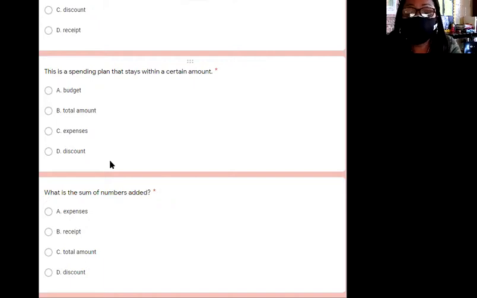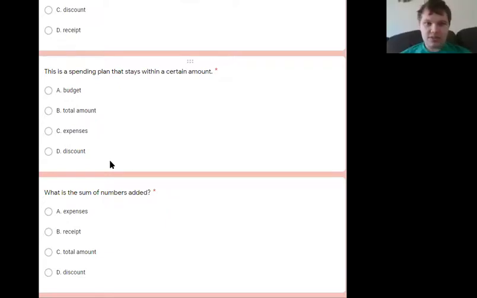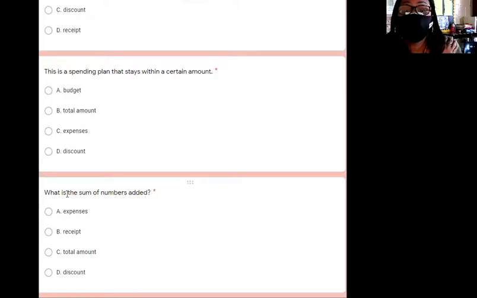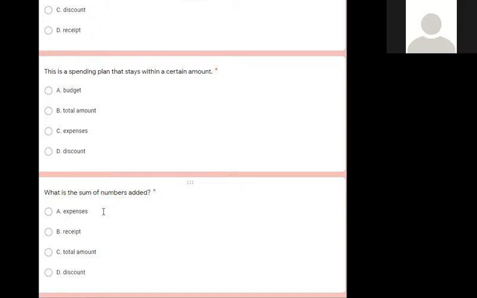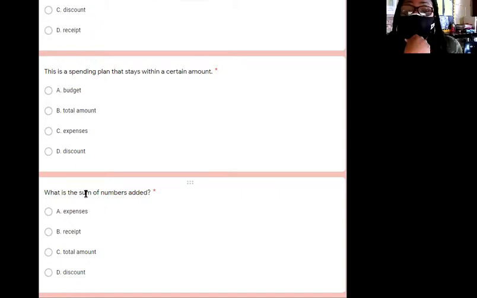Did you see a keyword in the question that let you know we were looking for the total amount? There is a keyword in here that lets us know that we are looking to add. Does anyone know what that word is? Very good. Sum. What is the sum of numbers added? The sum is just another word for total amount.